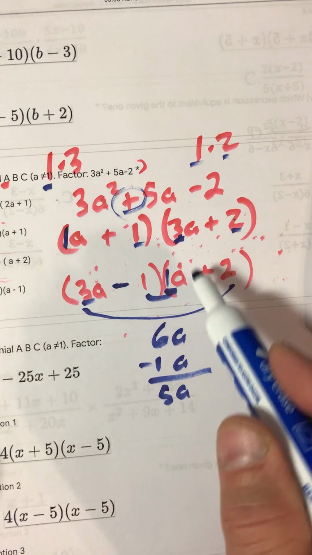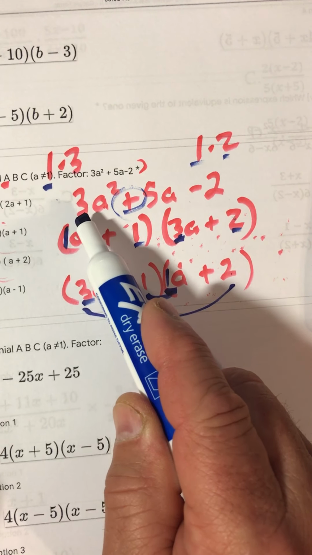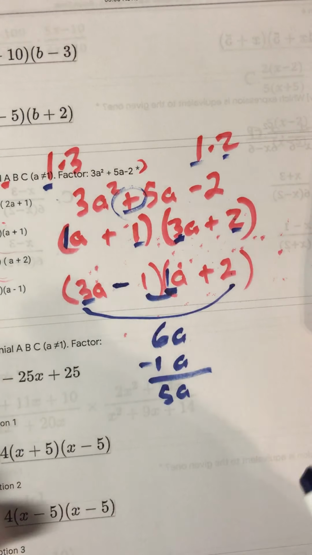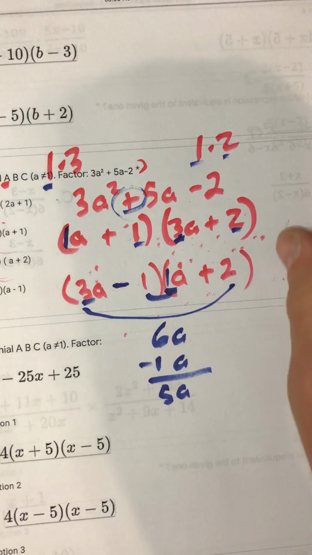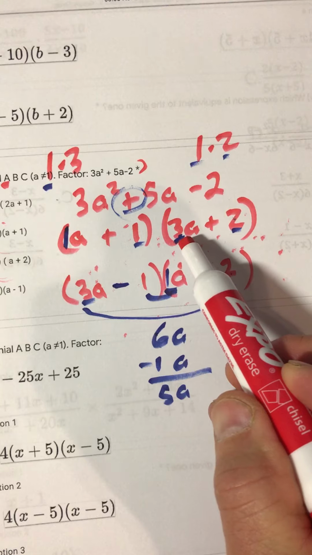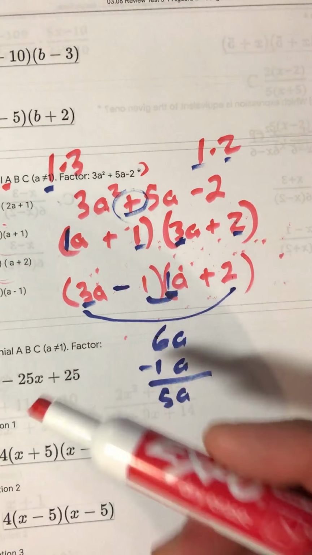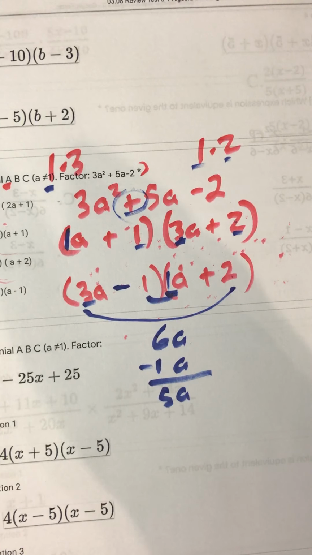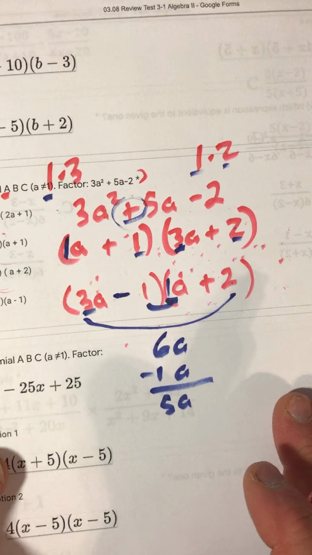So that's what's tricky when the first term is not 1. So be careful there and watch out. This is not hard. You just have to keep in mind that just because you started off with one setup and it didn't work, that doesn't mean the problem was set up wrong. It just means you need to continue thinking. And go to number 8.